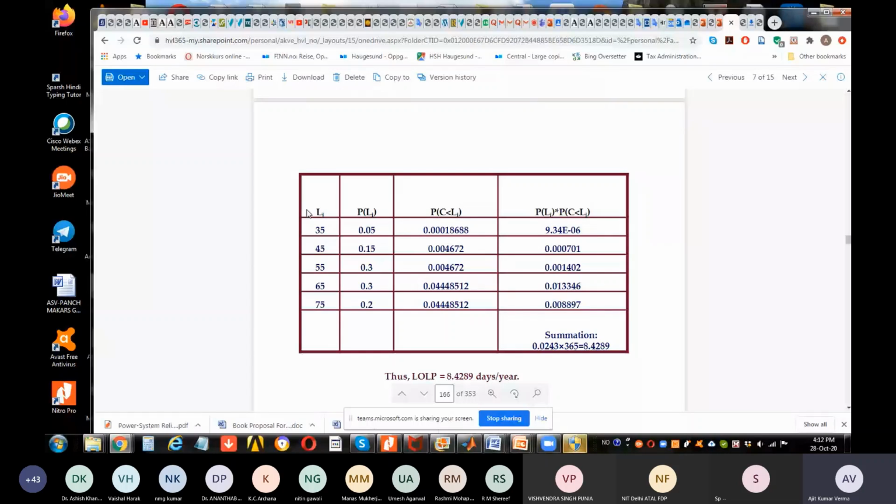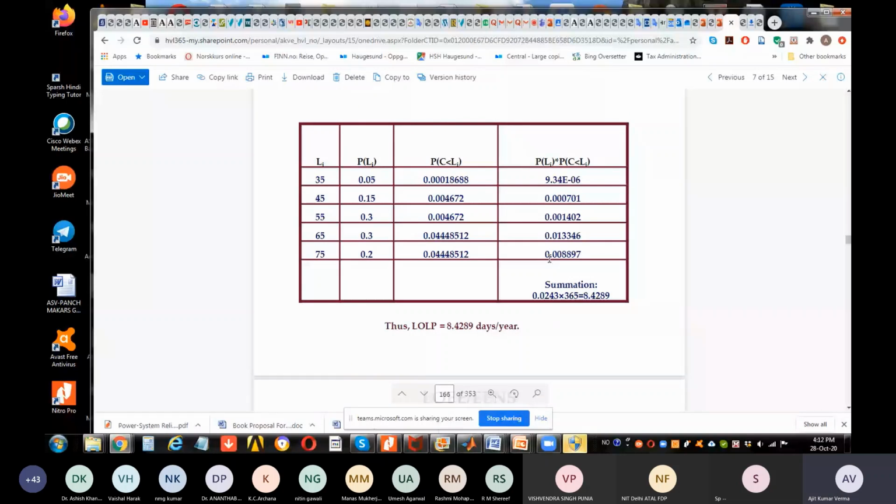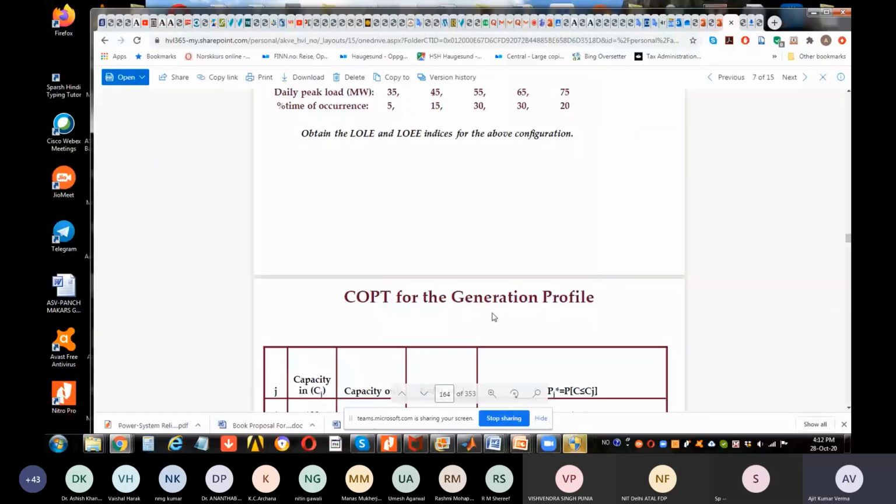You add up all these numbers, so you get 0.0243, and multiply it by 365. So you get 8.4289 days per year, the loss of load probability in days per year. But you want to find out the expected energy not served, so we can find that out as well.